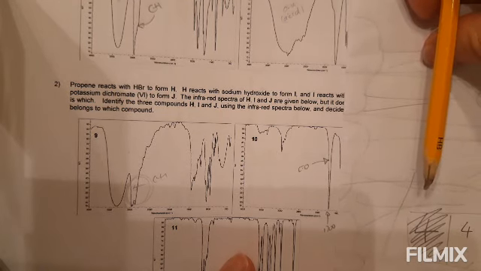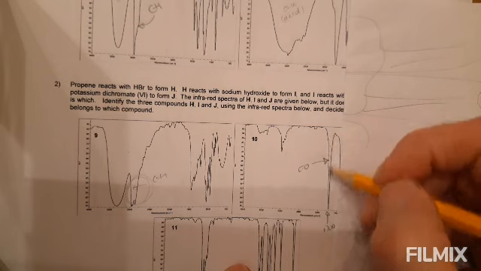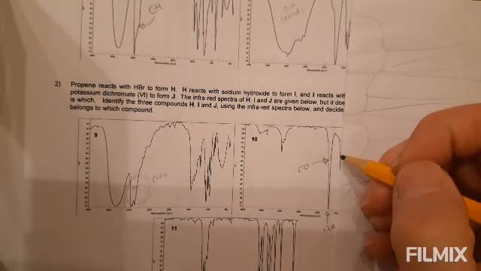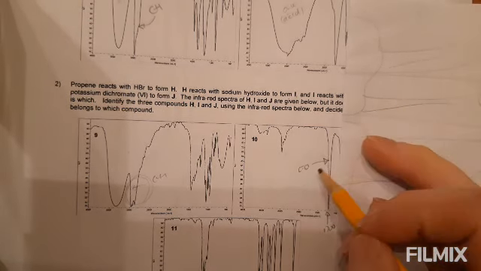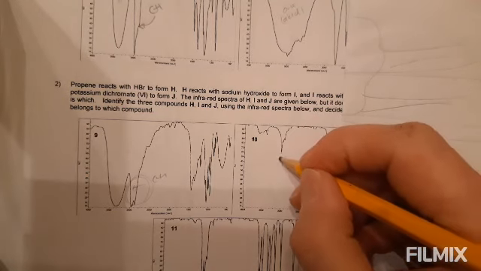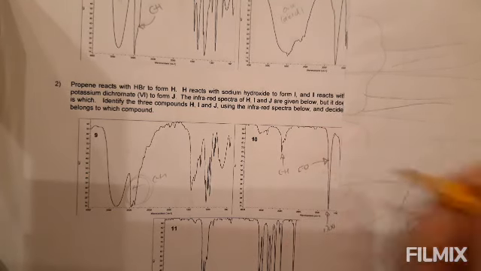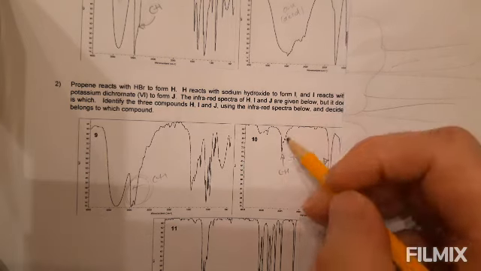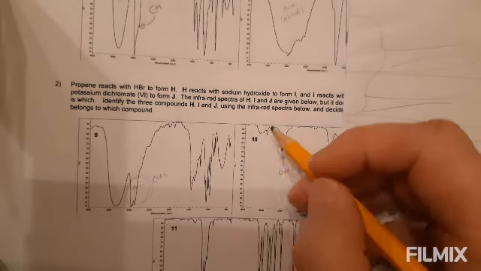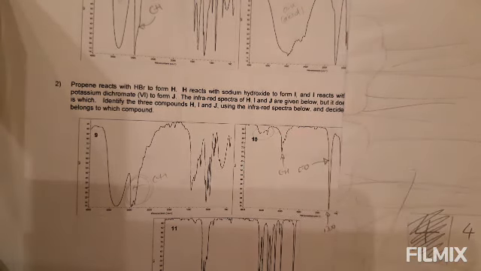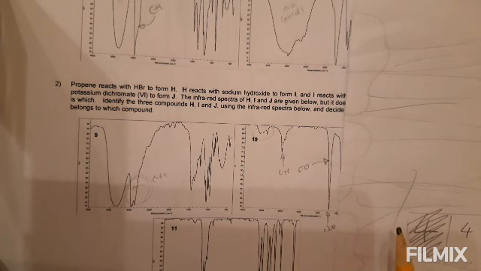Cover them up. You've got a peak at 1700, which is very obviously a carbonyl peak. These are just CHs. Just get used to them. There's always some spikes there. It's not an alcohol, it's not an OH, and it's definitely not the carboxylic acid shape. It's just some other stuff going on.